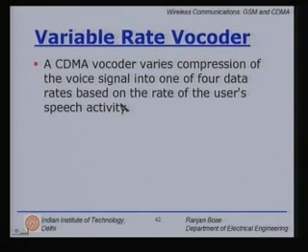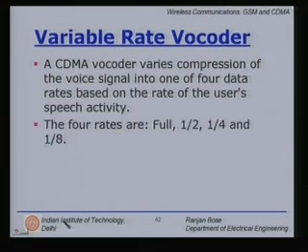So, if the person is continuously talking, then I will use a different kind of rate, and if there are a lot of gaps in the speech, then definitely I will have a much lower data rate. So, it is matched to the speech activity of the speaker. The 4 rates are the full rate, half, 1/4 and 1/8.